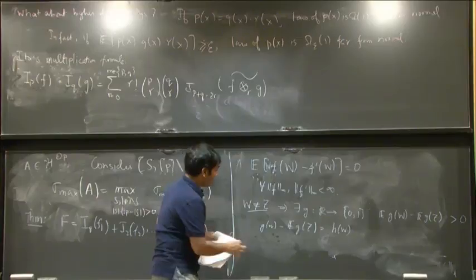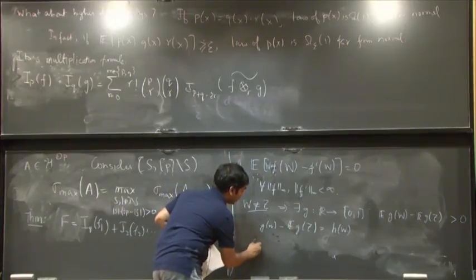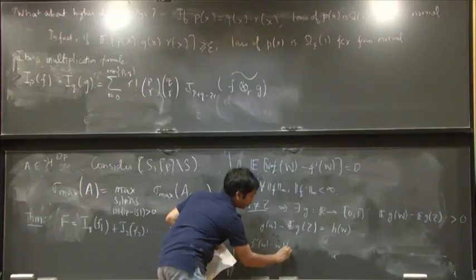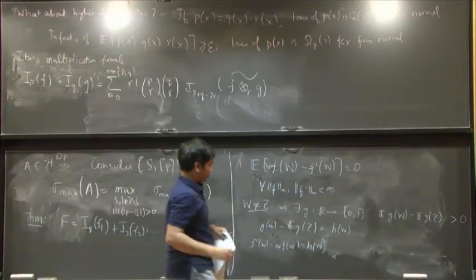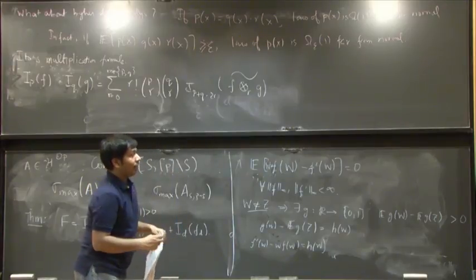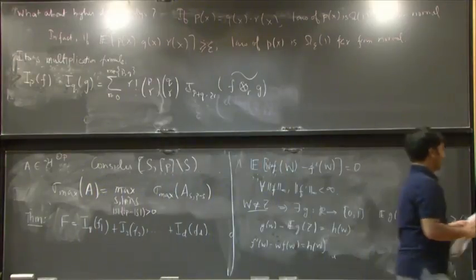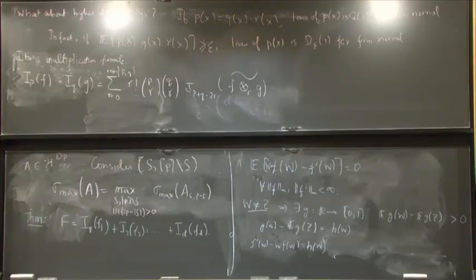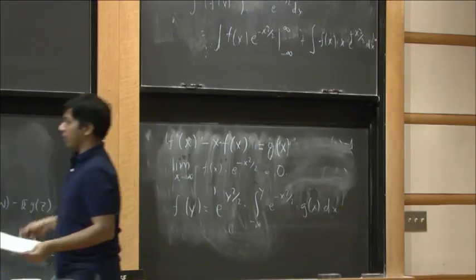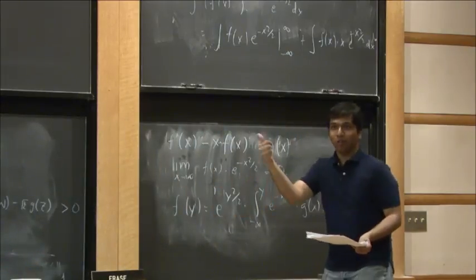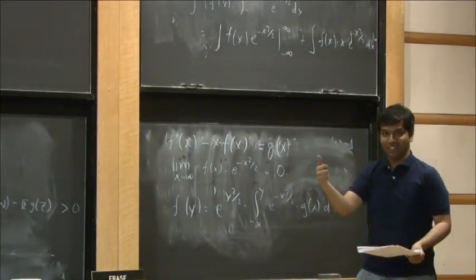Then if I consider f prime of W minus W f of W equals h of W, I can use this differential equation and say that there is a solution which is bounded and whose first order derivative is bounded.